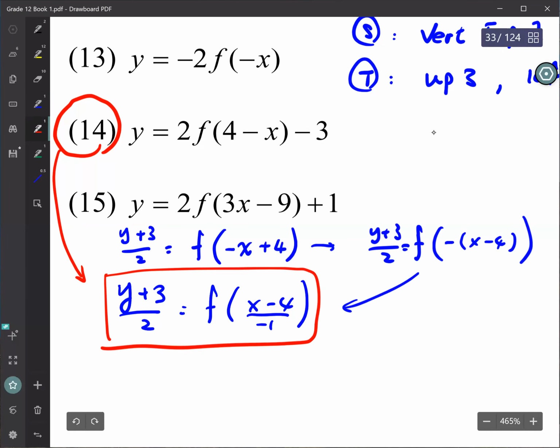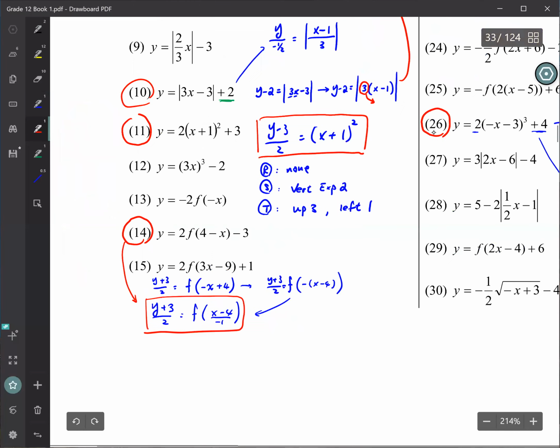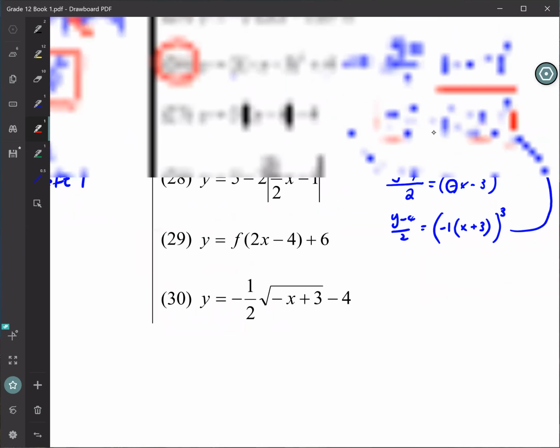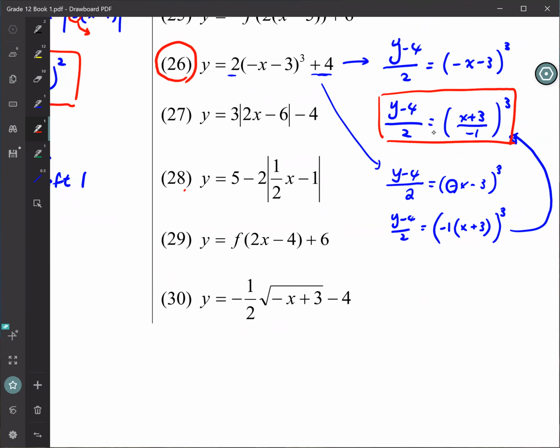So let's try the last one. I think it's the most difficult one on this page. Number 28. Once you can get number 28, then I think you will be fine. All right, last question for the day, I mean for the homework part.